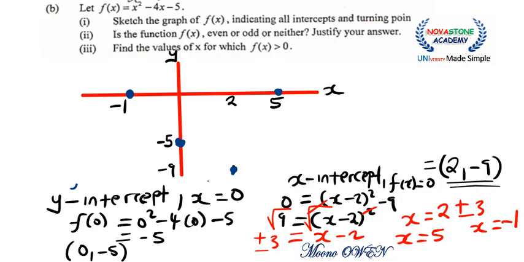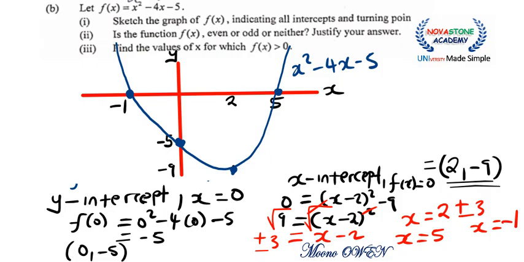So our job would just be to join these points. It's going to come like that, pass through that point, and go like that. So this is a graph of x squared minus 4x minus 5. This is how you solve this question.